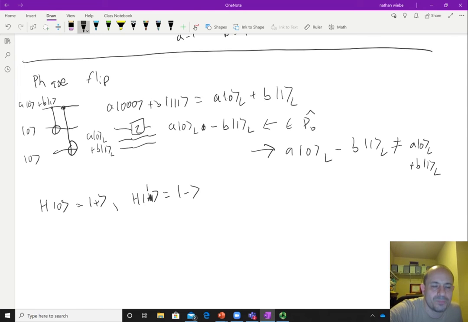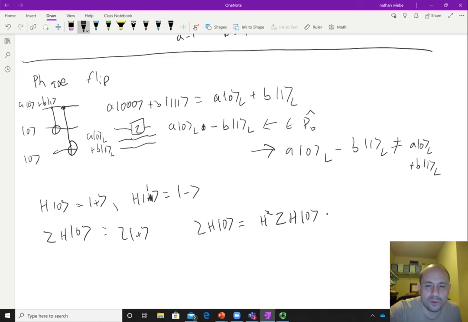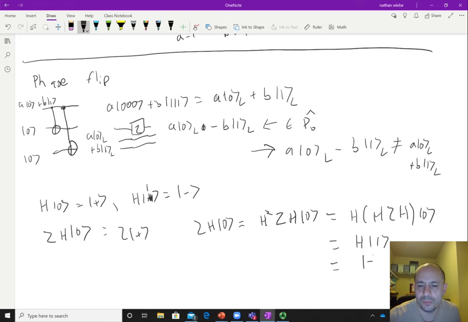going to call minus. All right, so if these are our two states, what ends up happening if I apply Z to the plus state, which is equal to Z|+>? Well, ZH|0> is equal to H squared ZH|0>, which is equal to HZH|0>, which is equal to H|1>, which is equal to minus.